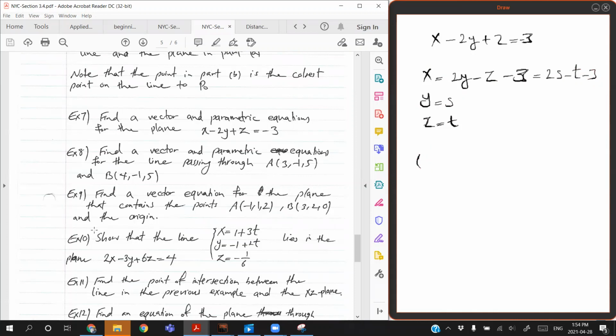So I can write the same plane as if I'm solving it as a system, but a system with only one equation. 3 unknowns, only one equation. And what do I get?